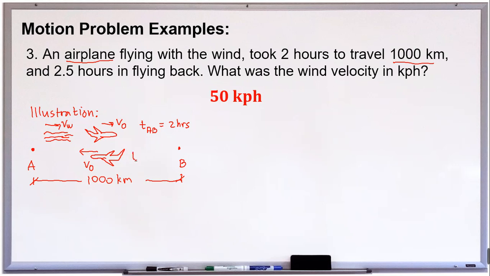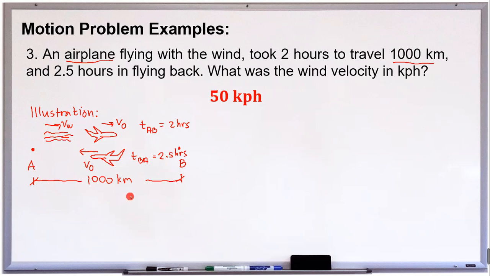Therefore, it took the plane half an hour more than it took in traveling from A to B. That is why the total time is 2.5 hours. So we have an additional 0.5 hour for the time, because it travels against the wind.